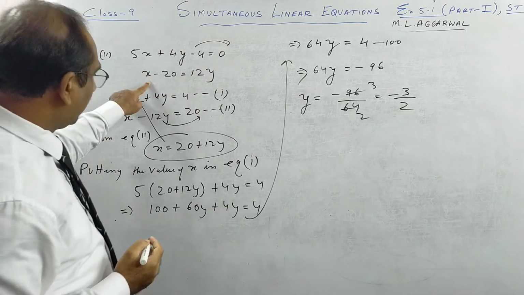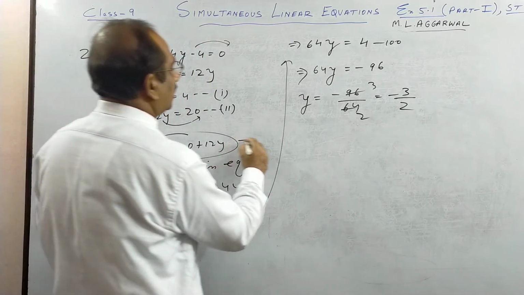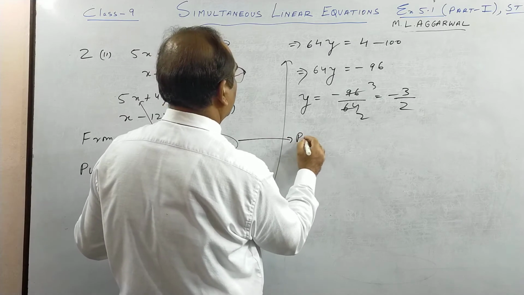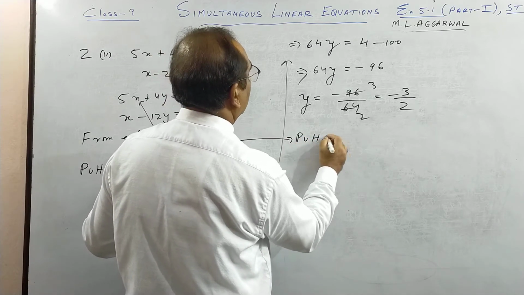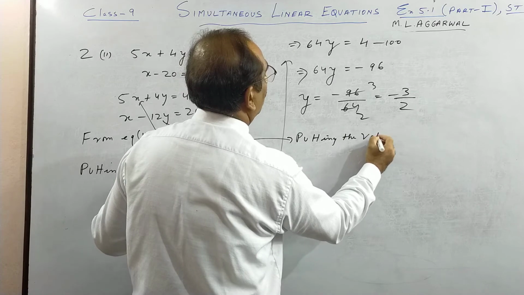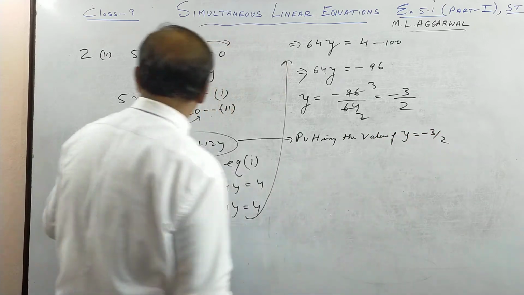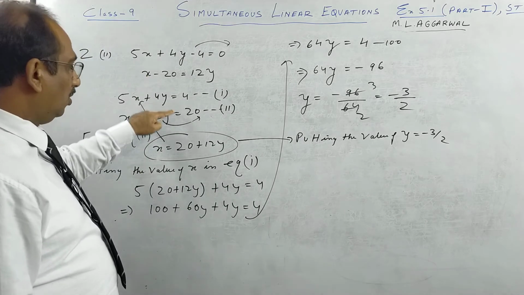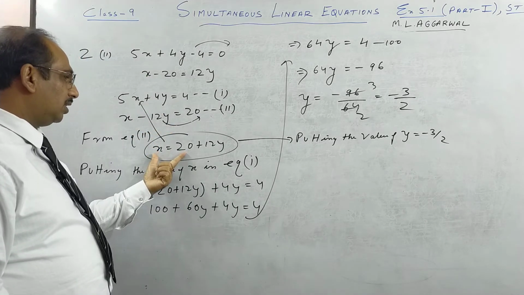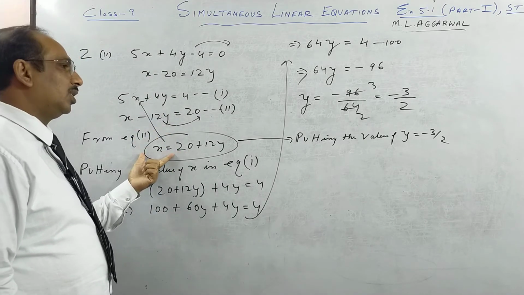We have to get x. So x you substitute here. So putting the value of y is equal to minus 3 by 2, either you put in equation 1 or equation 2, because this is a part of equation 2 only.